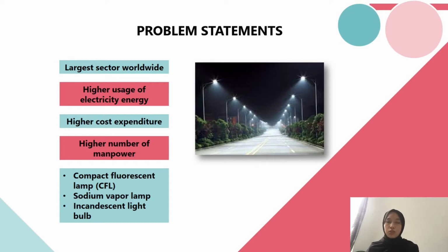Street lights use much electric energy, where they automatically turn on and off according to the darkness and brightness of their surroundings. Most street lights use compact fluorescent lamp, CFL, sodium vapor lamp, and incandescent light bulb, all of which lead to electricity waste. Therefore, this waste should be accounted for.